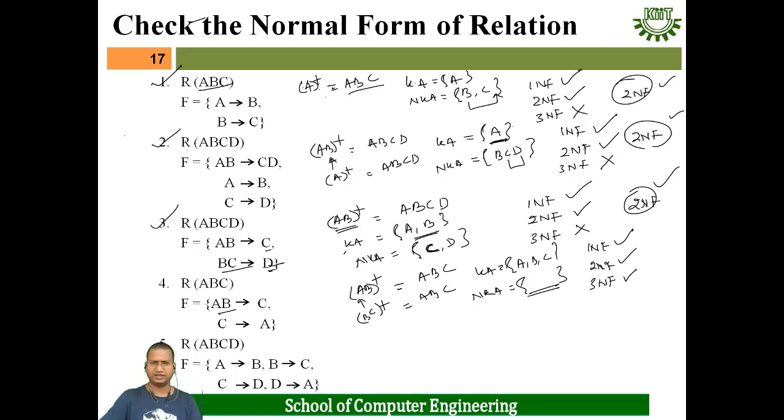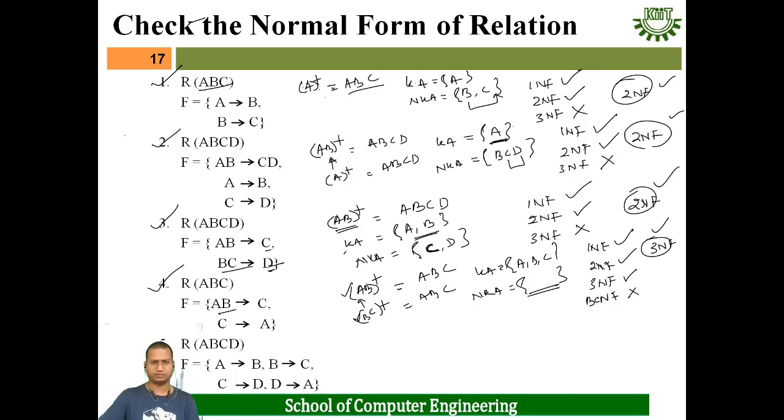What are the keys here? AB and BC. AB is one key and BC is another key. Here AB is a key, but the other determinant is not a key. That means it is not in BCNF. So the highest normal form in this case is 3NF. Question number 4 is completed.